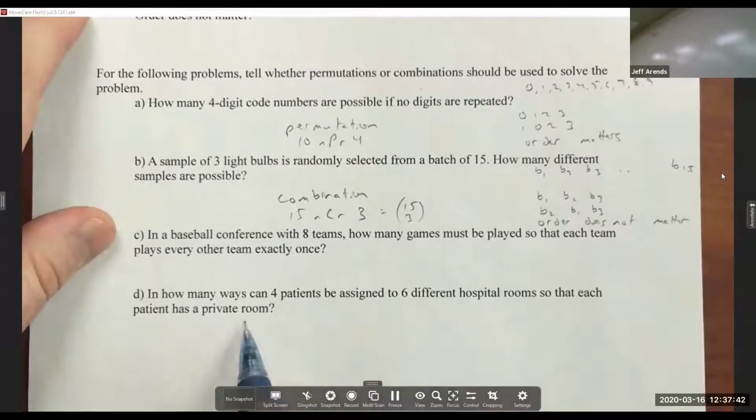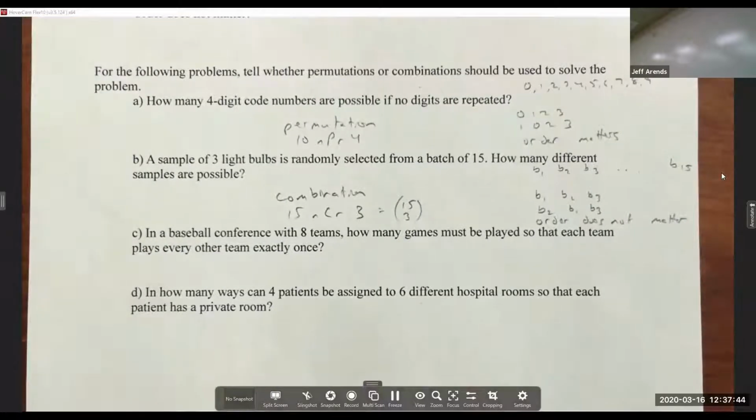In a baseball conference with 8 teams, how many games must be played so that each team plays every other team exactly once? So this one's a little bit more tricky.